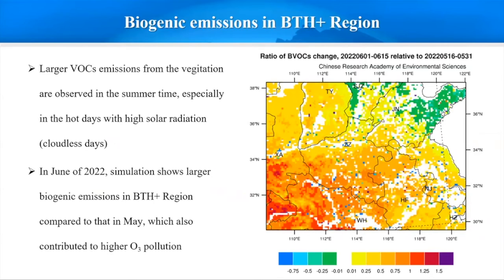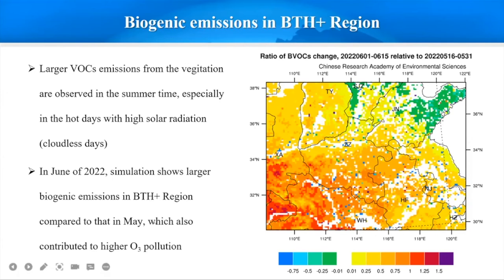And besides the anthropogenic emissions, we cannot forget the biogenic emissions of VOC in this region. So we also see larger VOC emissions in the summertime, especially in the hot days with high solar radiation, which means the cloudless days have higher biogenic VOC emissions.